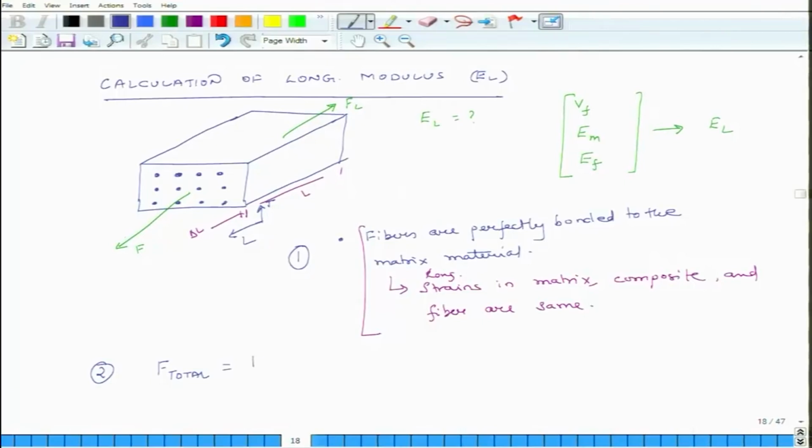I will not call it F, I will call it P, to be consistent with my notes. So P total is P composite, the total force experienced by the composite, and it is equal to Pf plus Pm, and this is equal to Pc.